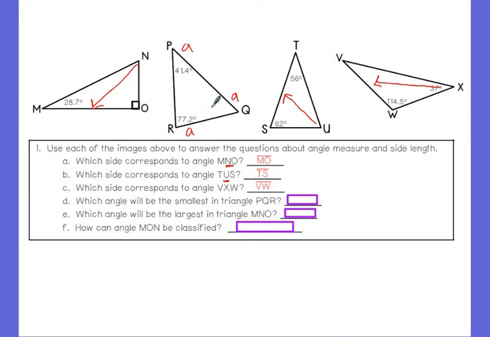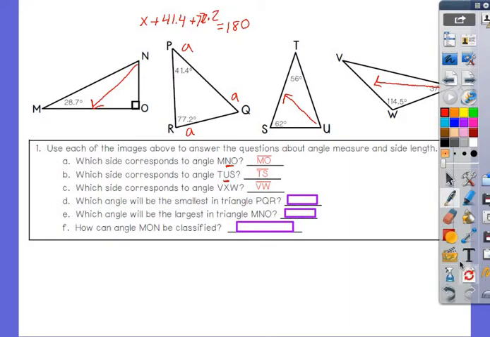They want to know which is going to be the smallest. I don't know what this angle is, but I know that all three angles of a triangle add up to 180. So I could do x plus 41.4 plus 77.2.